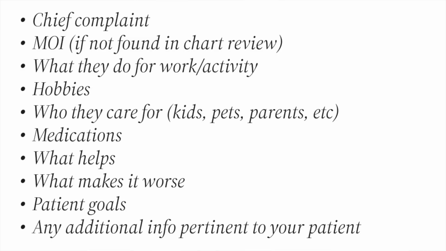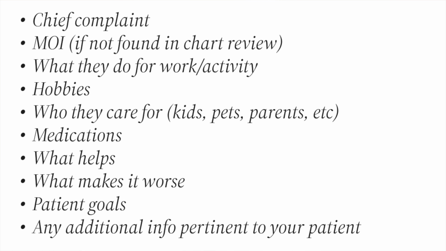Now, when we're thinking about the subjective interview, there are a couple of things that you want to keep in mind. The first of which is you want to figure out the chief complaint if it wasn't clear from the referring note, the method of injury, again, if it wasn't found within the chart review, what they do for work or what they do when they're active or doing whatever they enjoy. For example, some hobbies might be a good example of something to ask them about, who they care for, whether it's kids, pets, parents, or anything else.